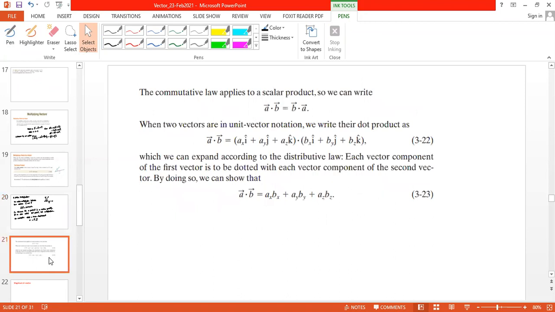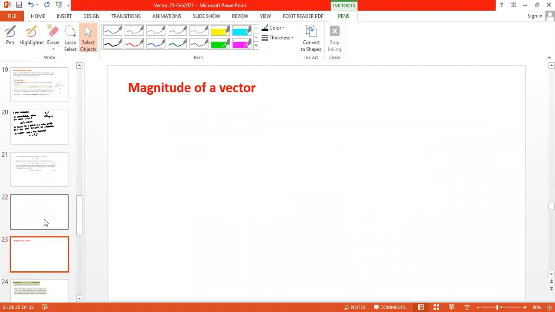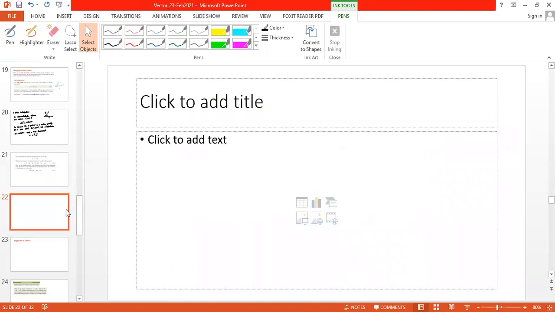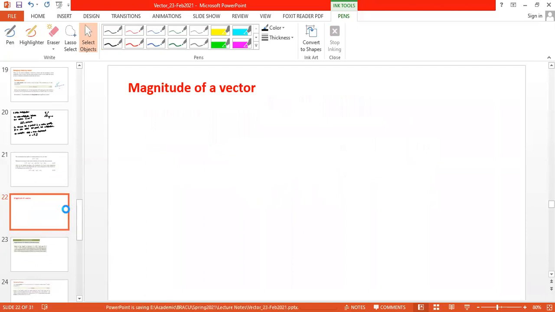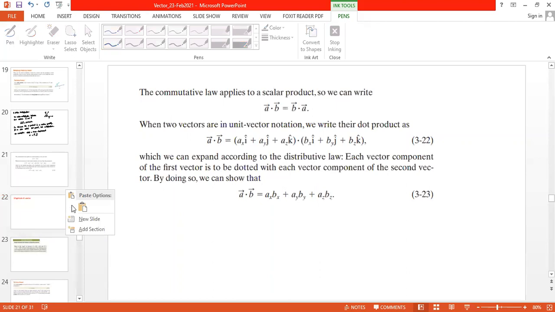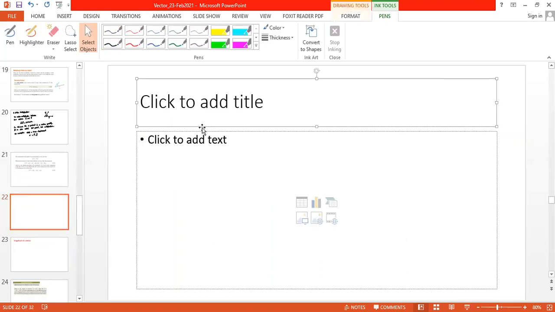So I want to move a little bit forward with the dot multiplication. Using dot multiplication basically has some application. By using dot multiplication, I can find out the magnitude of a vector. So before that, I want to do some more exercise.